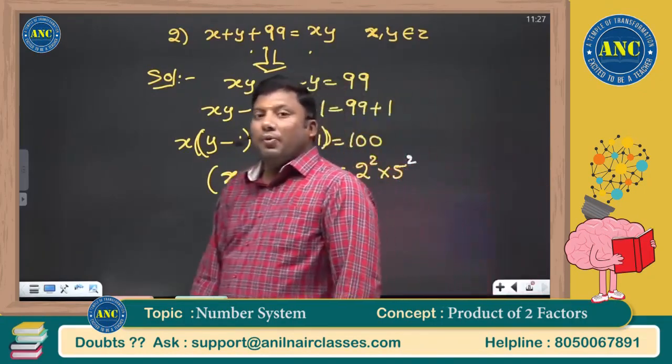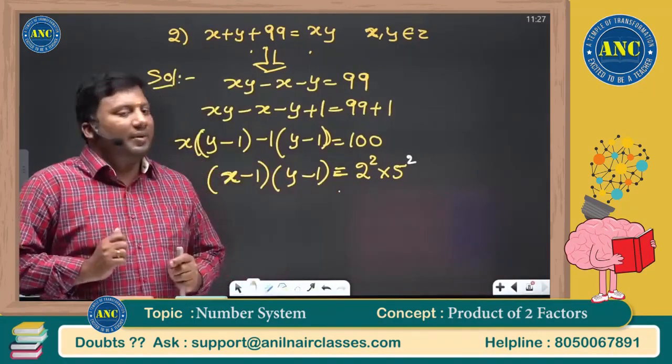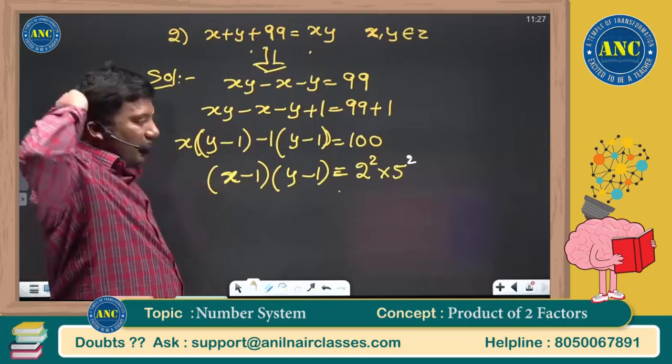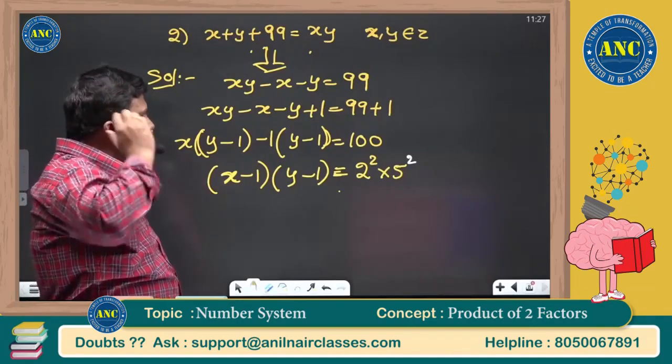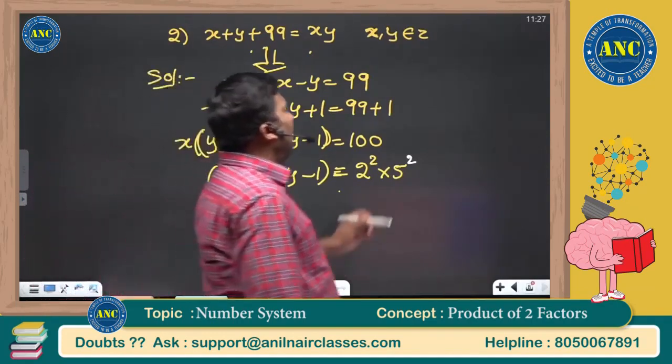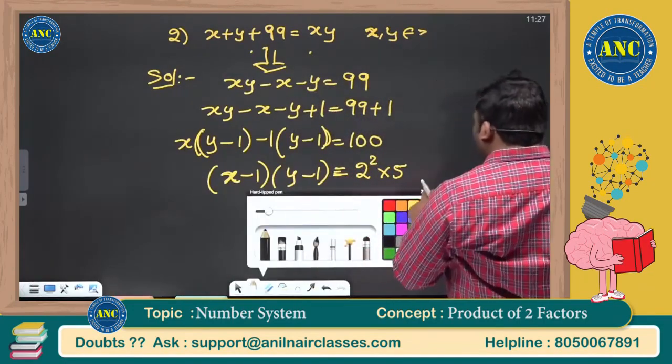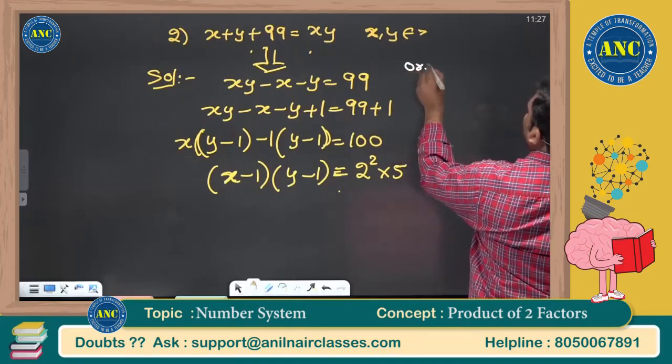Now, very, very important thing which I discussed yesterday. Whenever variables are present in the question, it is nothing but an ordered pair. In an ordered pair, what will be the answer?